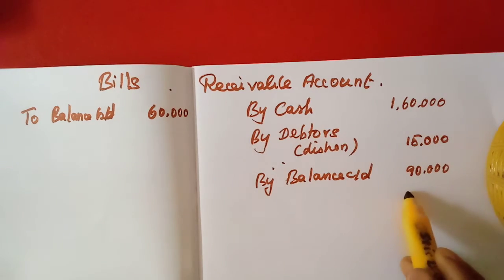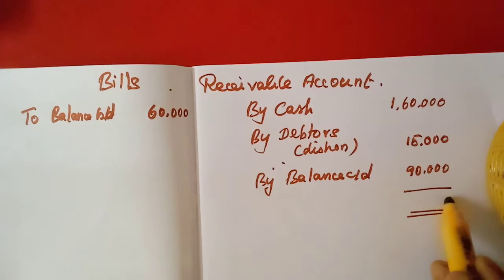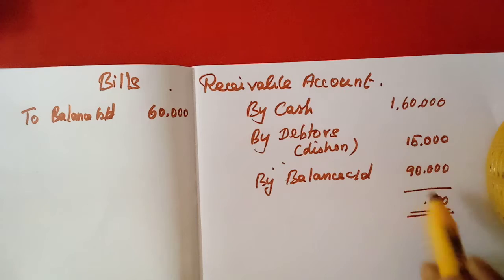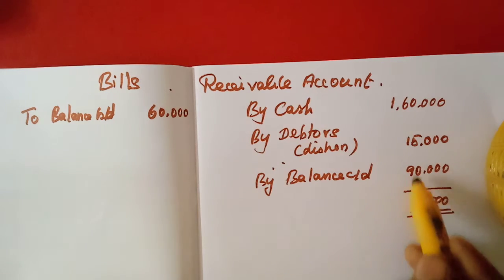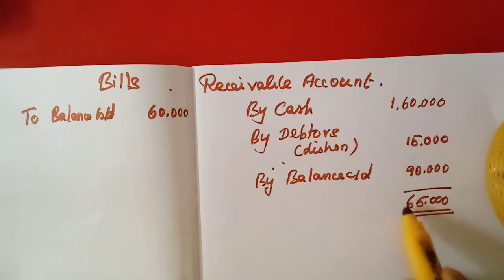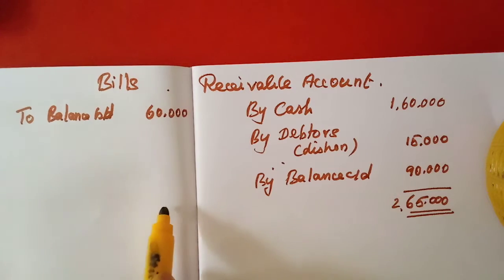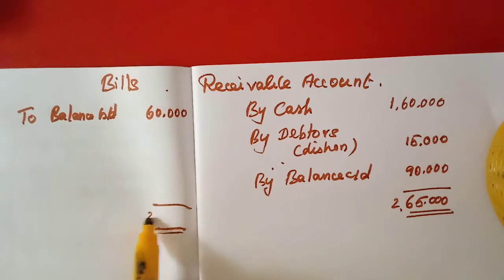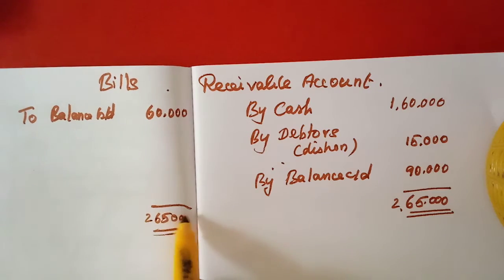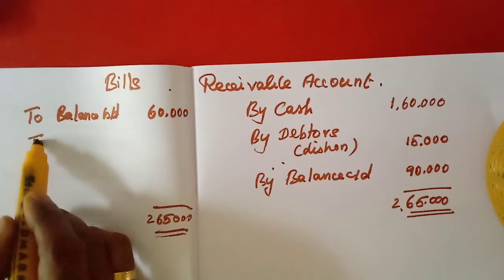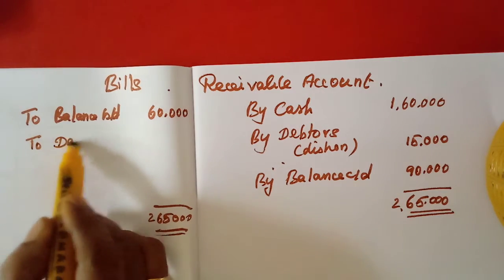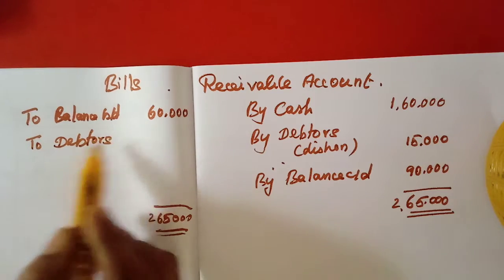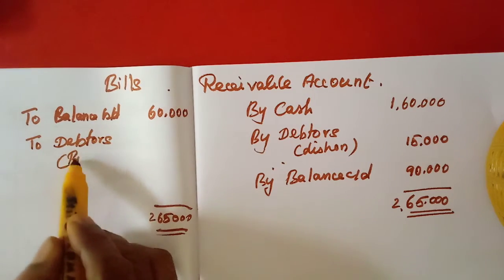Now we will calculate the balance. 0, 0, 0, 5, 10, 16, balance 1, 2,65,000. Write that amount also here. So here is the balancing figure, here debtors, bills received.